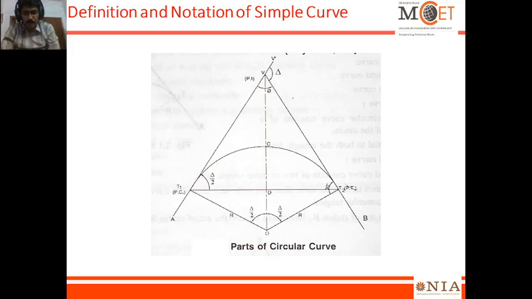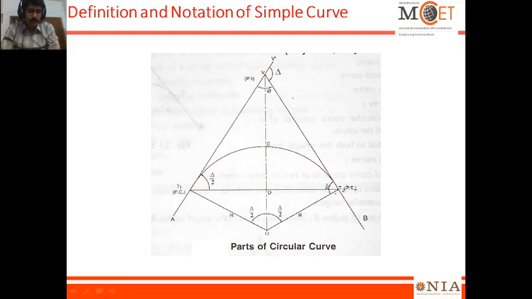It is denoted by T1. This is T1. And the point where the curve gets joined to the other approach straight is called PT, that is point of tangency, and it is denoted by T2.